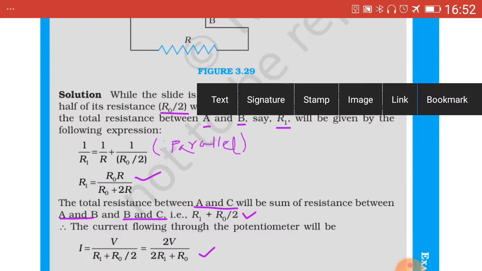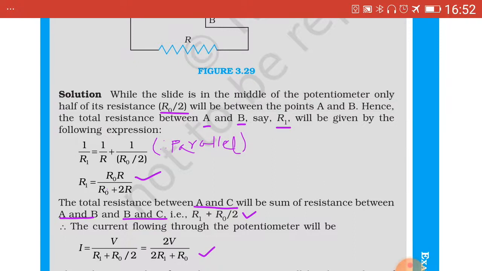Now that is equal to AB is given by R1, which we have calculated in the above equation. So R1 plus again BC will be R0 by 2. So R1 plus R0 by 2, which has been tick marked.